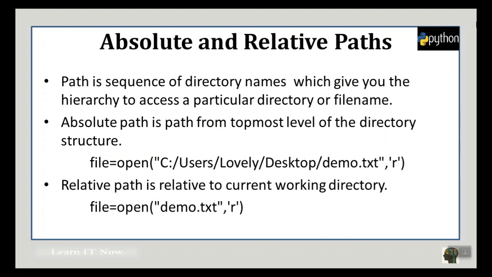For example, I will just see the theory and then show you in practical what absolute and relative path are. So an absolute path is a path from the topmost level of directory, that is C, users, lovely, desktop, demo.txt. And a relative path is relative to the current working directory, that is, the directory on which I am currently working.